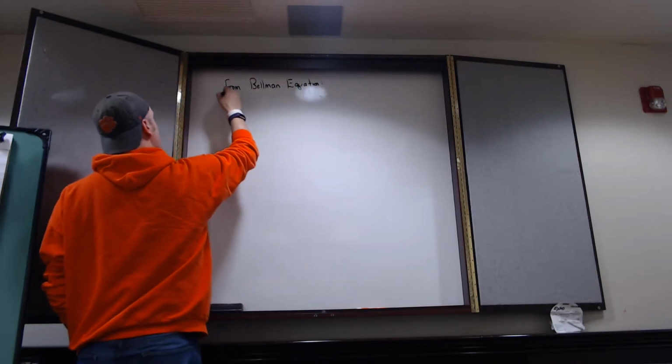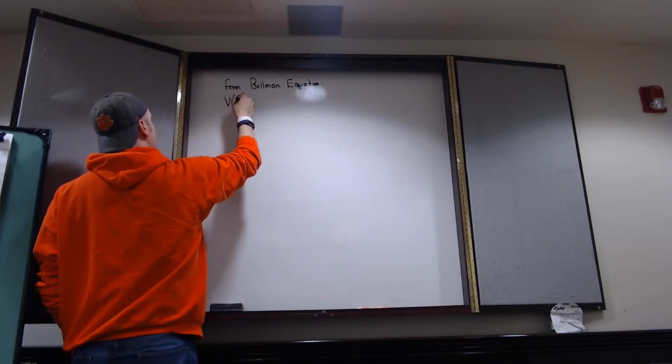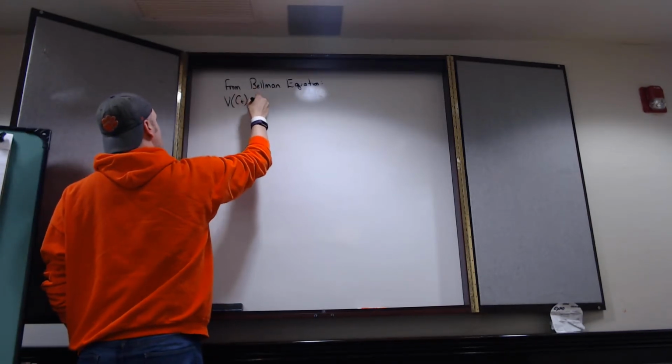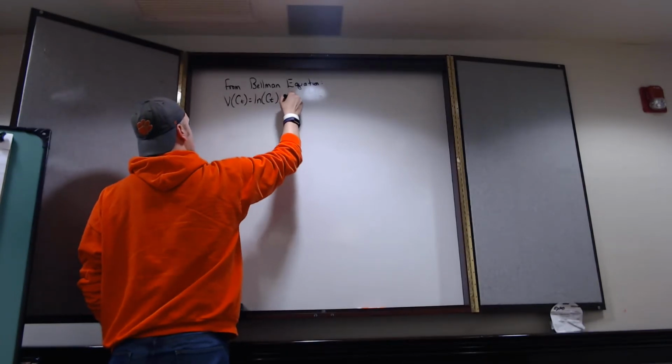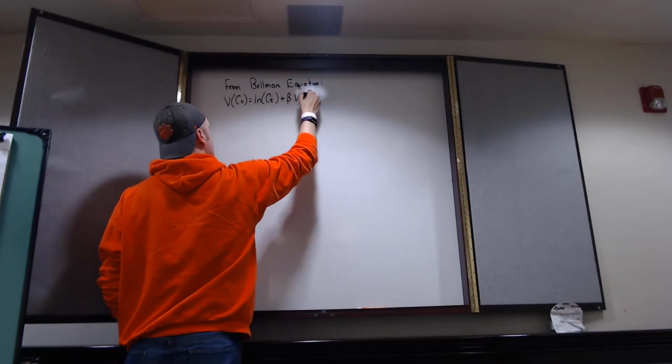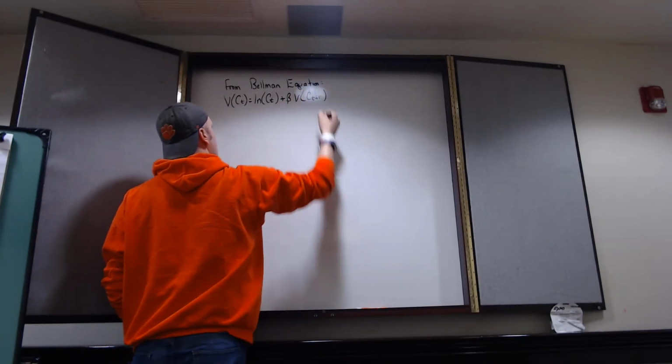So say from the Bellman equation where we had V of CT equals the natural log of CT plus beta V of CT plus 1.